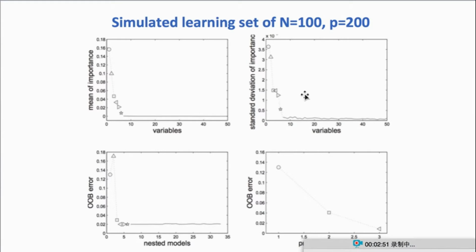This graph is used to estimate the threshold for variable elimination. We can see that the true variables' standard deviation is large compared to the noisy variables. So the threshold value is set based on the variable importance standard deviation, and variables with an average variable importance exceeding the threshold are kept.